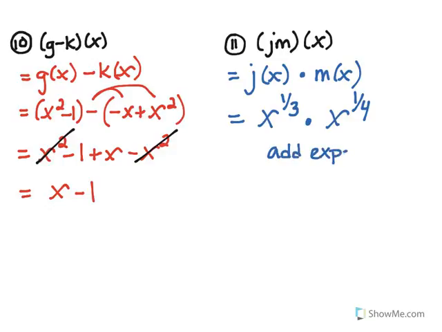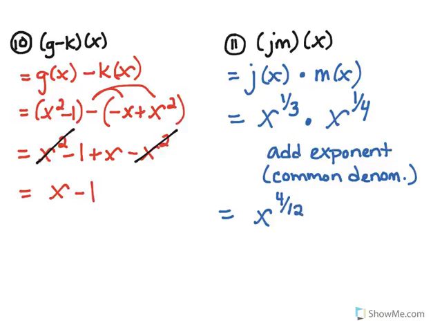I want to add these exponents as well. But in order to add these two numbers, I need a common denominator. So, this is going to have a common denominator of 12. 1/3 is 4/12.